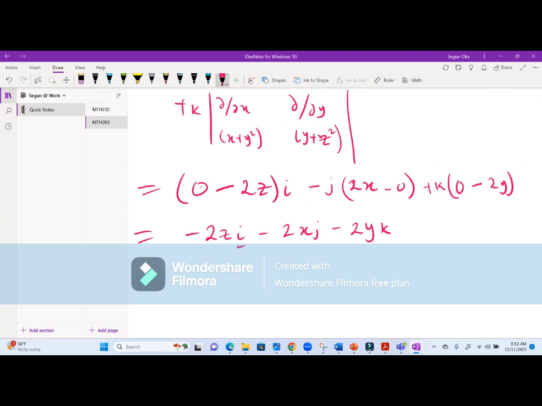So based on the principle of what we are used to, we can begin to differentiate them one by one. We know our P, we know our Q, we know our R. You remember the way we did the other time? It still boils down to the same thing. Remember when we solved this one, we said Pi plus Qj plus Rk.